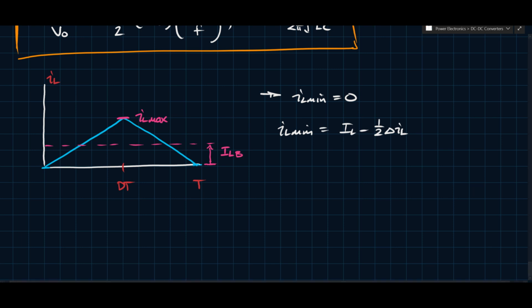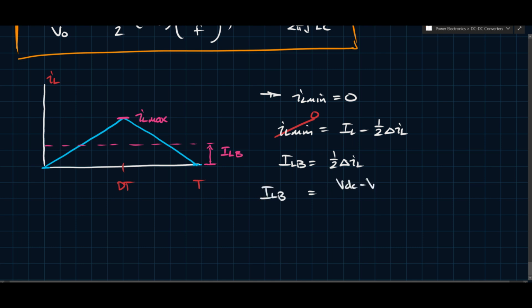So if I set this to 0, and IL becomes ILB, then I have ILB equals 1/2 delta IL. And I know what delta IL is, so that's not a problem at all. So I can say that ILB is equal to (VDC minus VO) over 2L, times dt.